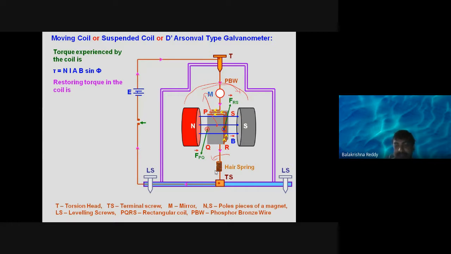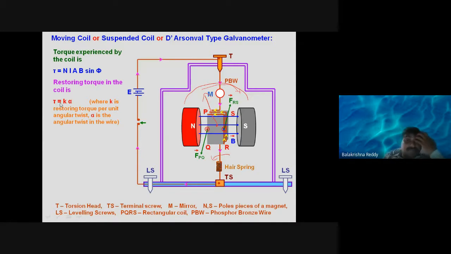In the same way, the restoring torque will be produced in the coil, that I can write: tau is directly proportional to alpha. The more current flows, automatically alpha, the deflection, takes place more. Angular twist, we can say here alpha. In the book it is given as theta or phi.